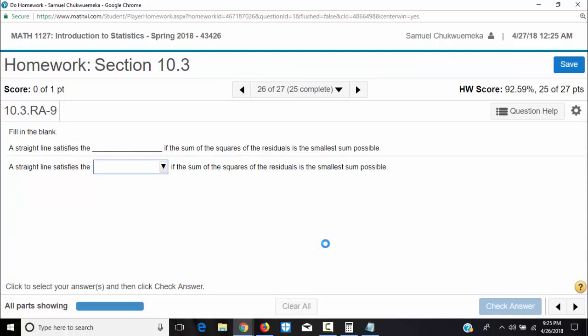A straight line satisfies the dash if the sum of the squares of the residuals is the smallest sum possible. That is why we call it least squares. The sum of the squares of the residuals is the smallest possible. Least squares property. Least squares line.